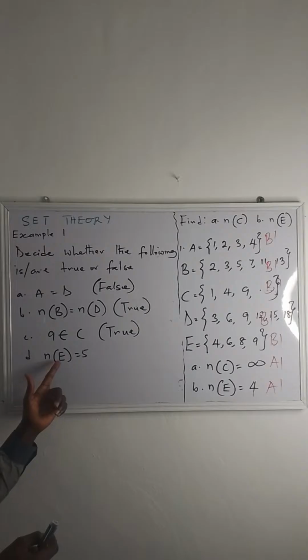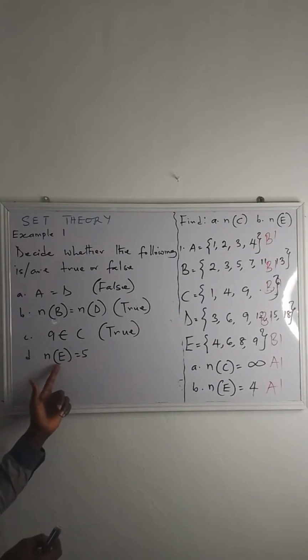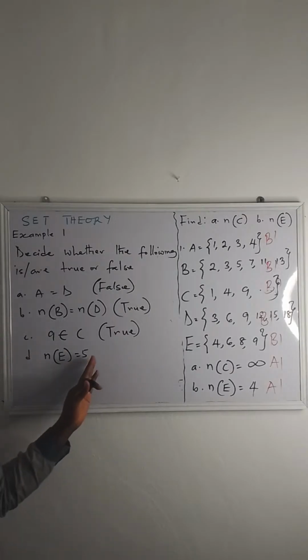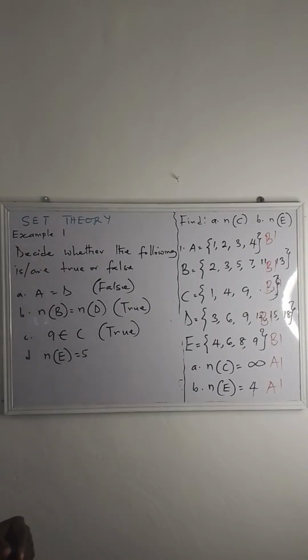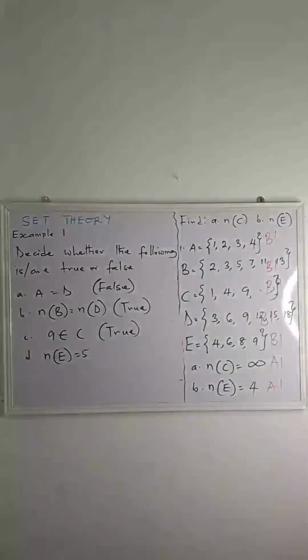All right, now let's look at the last one. Number of elements in set E equals 5. True or false? I want you to give me your answer before we do it. It's very simple. Let me check what we have here.